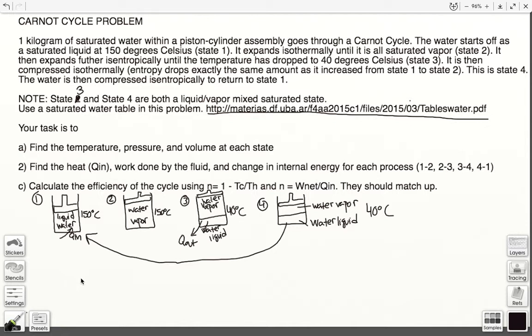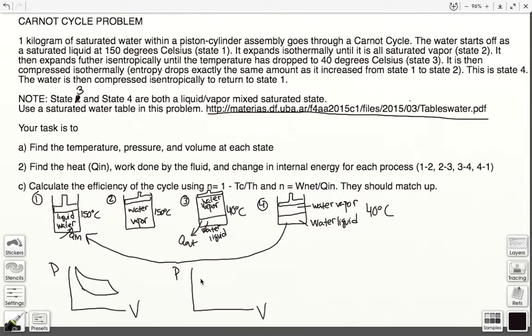Now, in usual problems with the Carnot cycle, we're dealing with an ideal gas. In our PV diagram, as you've seen many times, looks something like this. But in our problem, we have saturated water in our cylinder, so our PV diagram is going to actually look a little bit different.